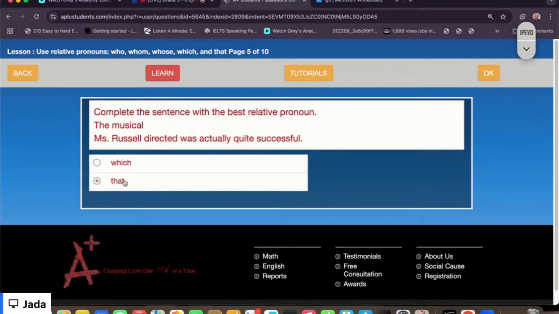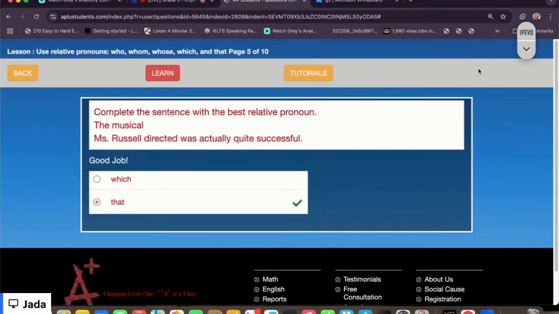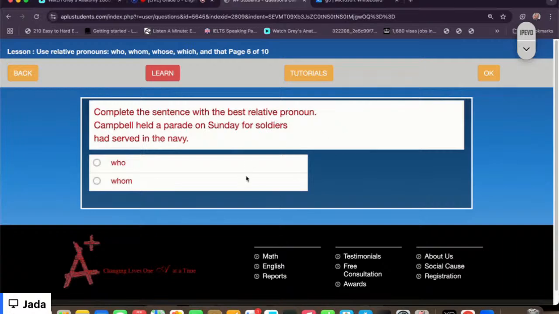So that's that. Campbell held a parade on Sunday for soldiers dash had served in the Navy.